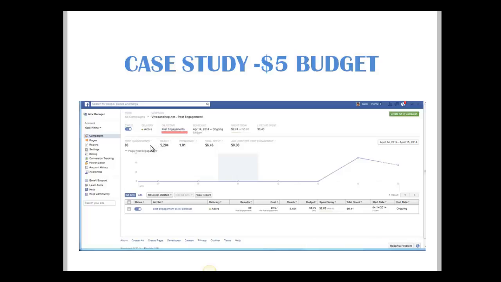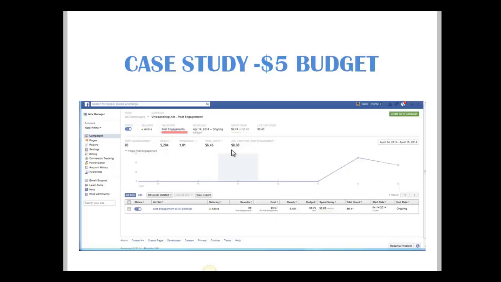On this slide I can show you the average cost per post. It was 0.08. Okay, so once again, we have a different report, for 86 results at a 0.07 cost.